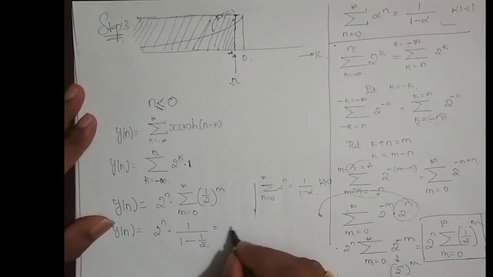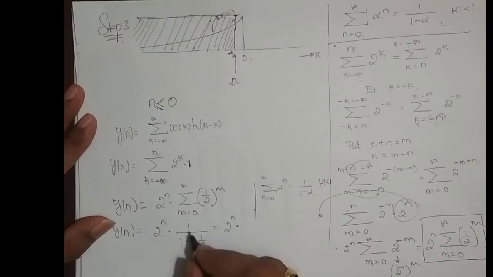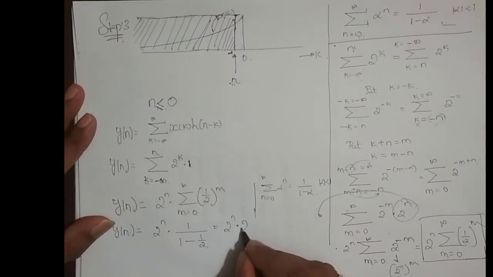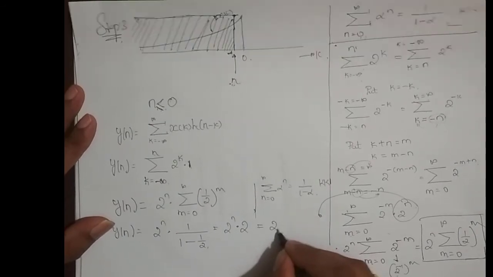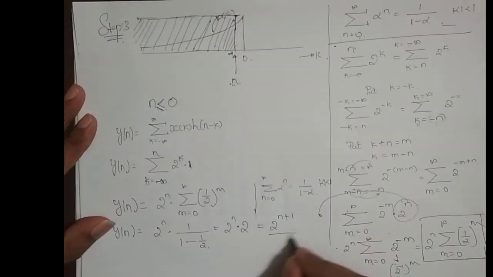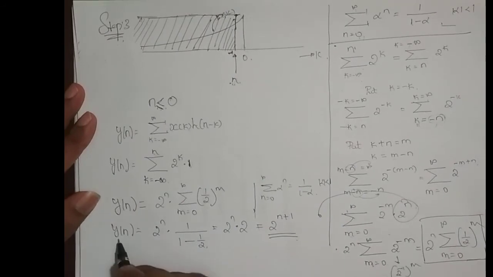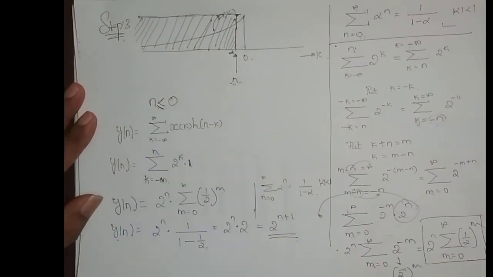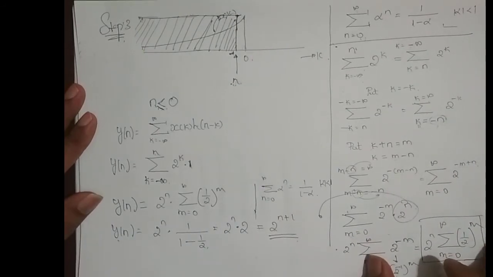And what is this? 2 power n into 1 divided by 1 minus 1 by 2 is 1 by 2, 1 divided by 1 by 2 is 2, right? And what is this? 2 power n plus 1. So y of n, the output, is 2 power n plus 1 for n less than or equal to 0. Okay.